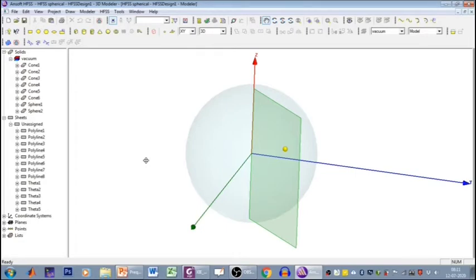To understand more about theta, we have come back to HFSS. I said theta is a plane which moves with reference to the z-axis. As an example, first I will take a plane which moves with respect to the z-axis. Just look at its movement.